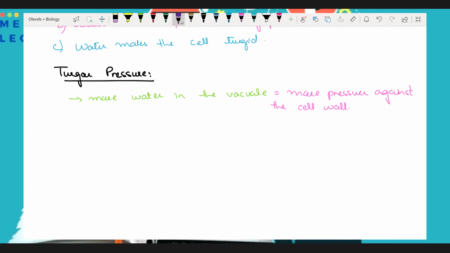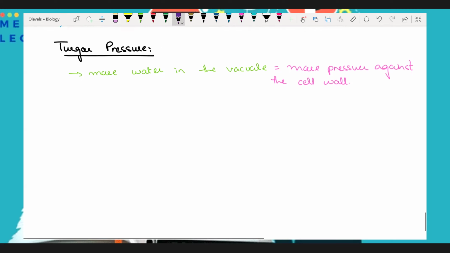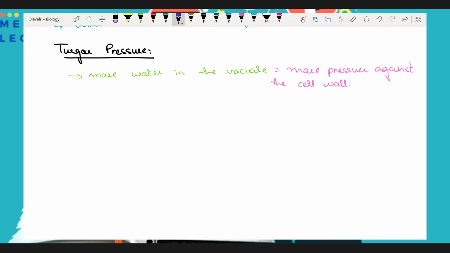And there's a very significant role of this turgor pressure as well. Could you tell me? Yes, Mepsam or Numan, could you tell me the significance of turgor pressure? Ma'am, does it keep the plants stable?